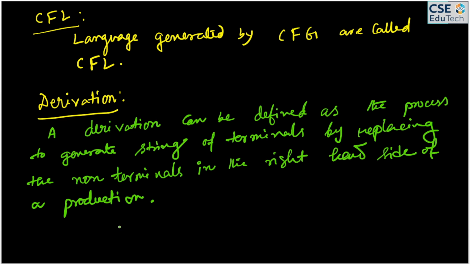Now we'll define the parse tree. What is a parse tree? As we know, a string generated by the context free grammar can be represented by a hierarchical structure. We call it a tree.